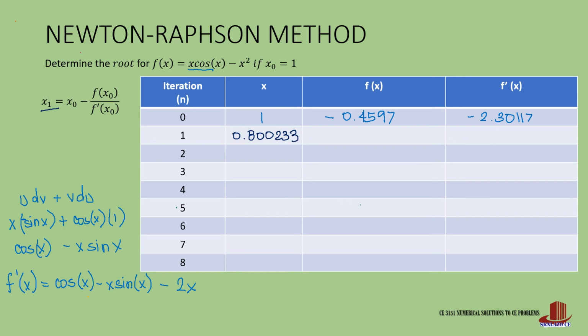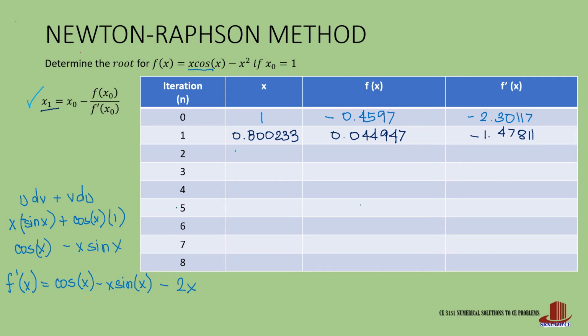And using this value in f of x, we come up with 0.044947. Doing the same for the function prime of x, we get negative 1.47811. And then again, we are going to plug our values to look for x sub 2.